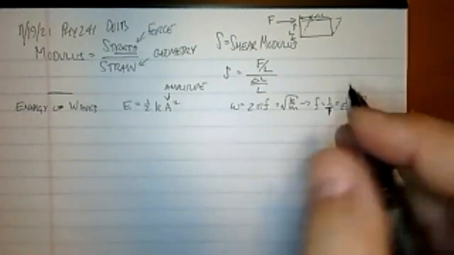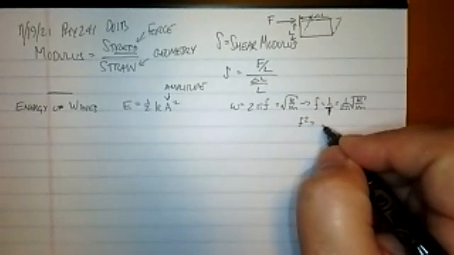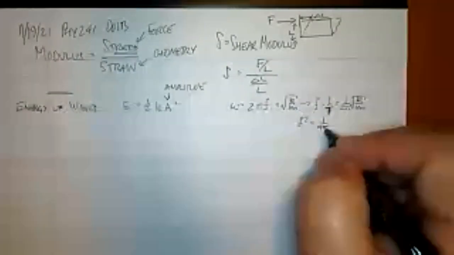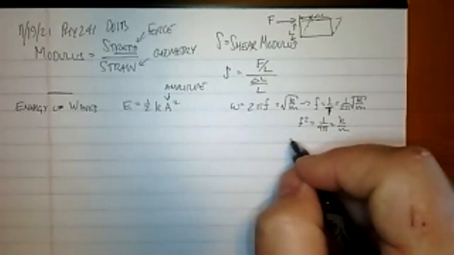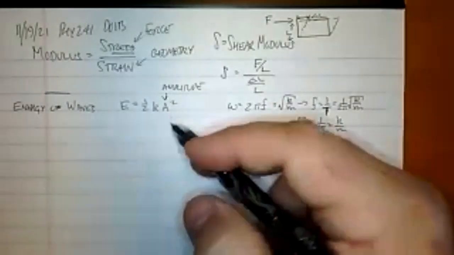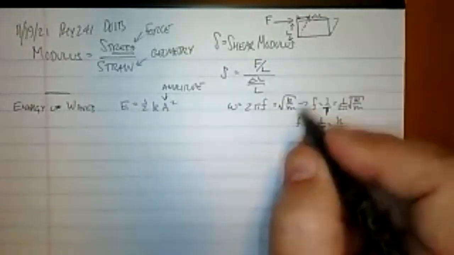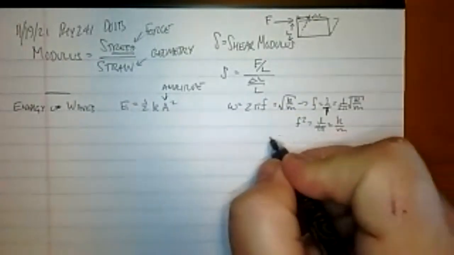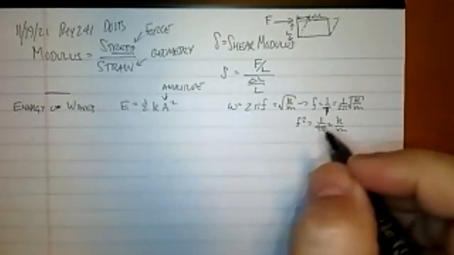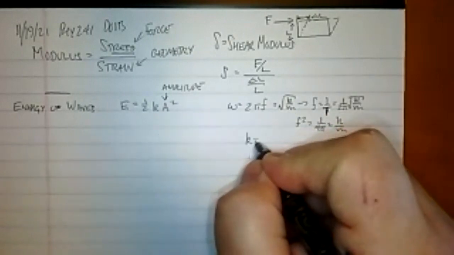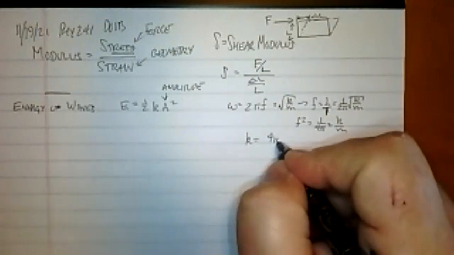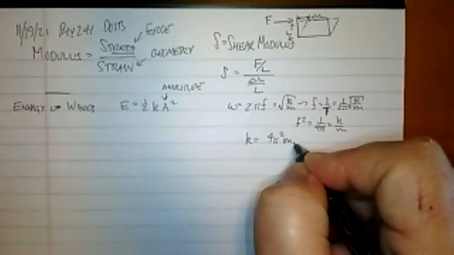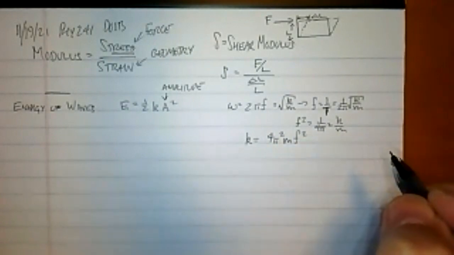Well, if you square that, you get f squared is equal to 1 over 4 pi squared times k over m. So you can solve that for k and eliminate the k, because what's a k in the wave equation? We don't know that, but we do know a frequency is related. So I'm trying to get a relationship to get that k out of there so I can deal more with wave type stuff. So the k is going to be 4 pi squared m f squared.